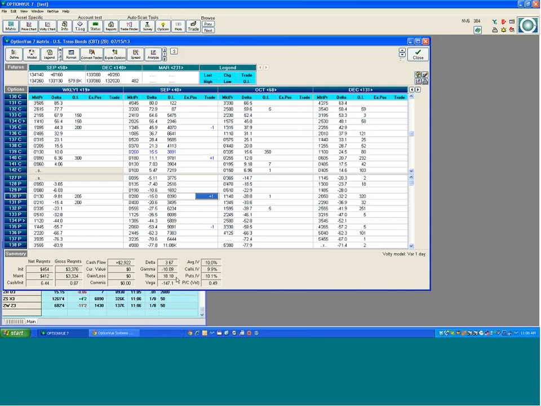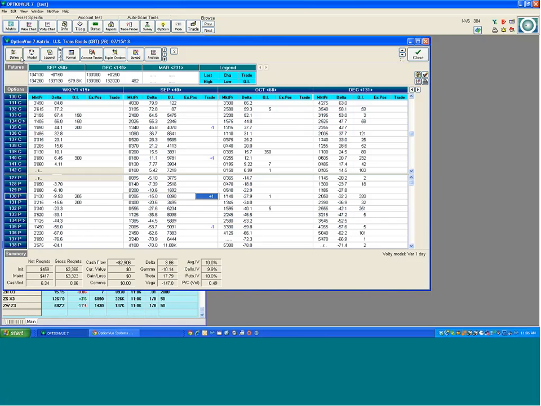We've got theta, or positive time decay, of $18.10 a day, and we have a Vega of minus 147. A Vega of minus 147, which means that this position is exposed to changes of implied volatility to the tune of $147 for each 1 percentage point change in implied volatility.